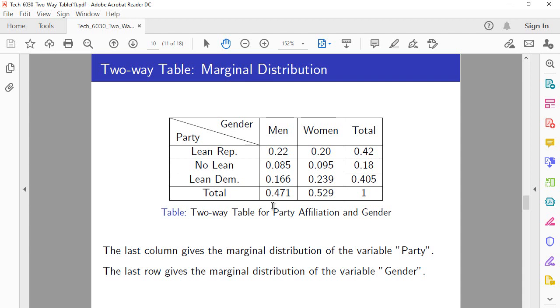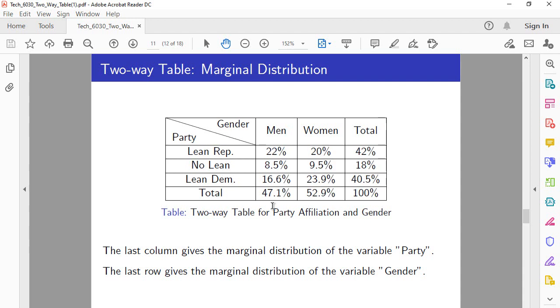Now, if I convert all these numbers to percents, this is what I get. And so again, the last column gives us the marginal distribution of the variable party, and the last row gives us the marginal distribution of the variable gender.